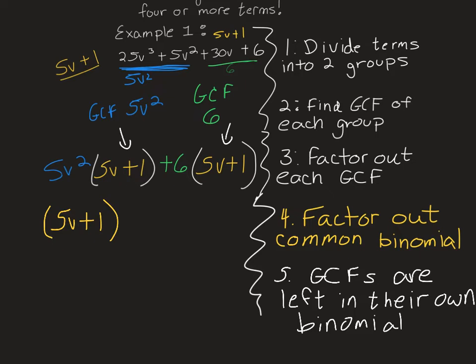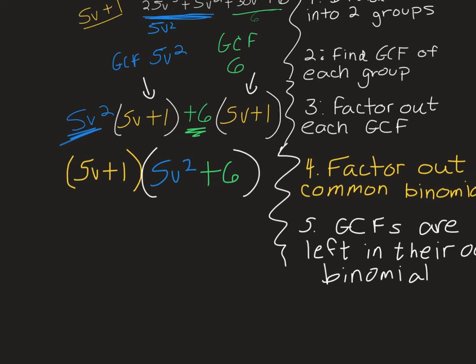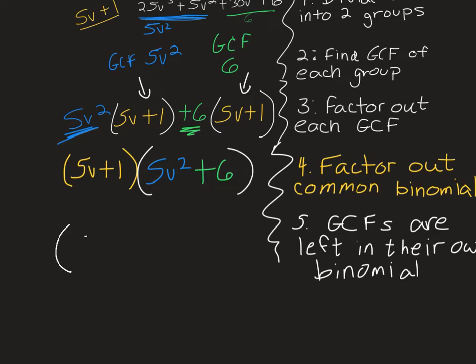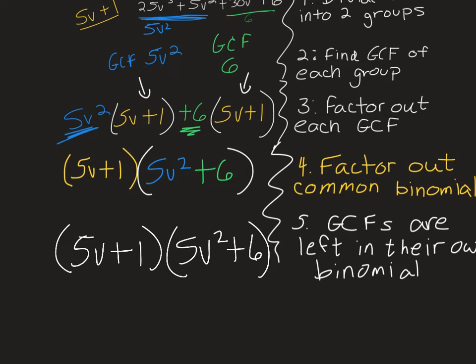So what I mean by that is the 5v to the second power becomes one term in a binomial, and then the plus 6 becomes the other term in the binomial. So my final factored answer is 5v plus 1 times 5v to the second plus 6. So that is your fully factored form.